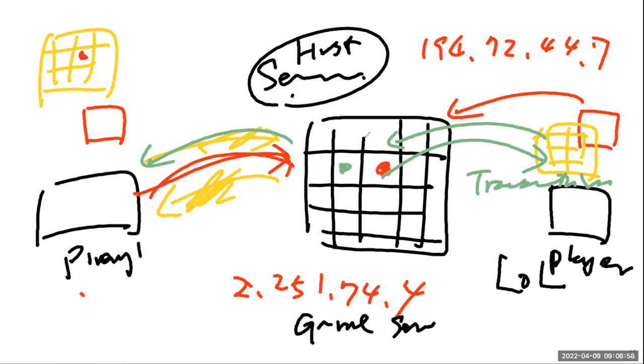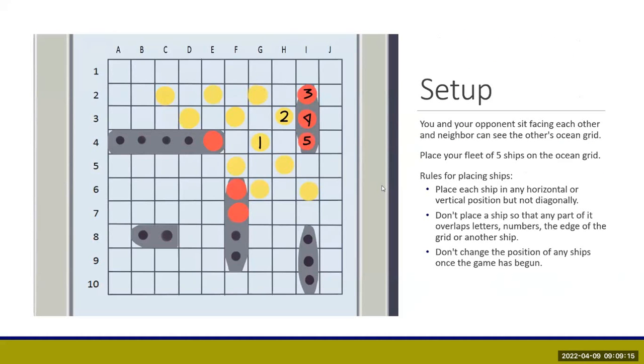The game server is in charge of hosting the whole game, and different players just register and exchange information between the server and the player. To make this happen, we need the internet, we need IP addresses, and we also need a game rule. The game rule, IP address, and so on are different kinds of protocols at different levels.